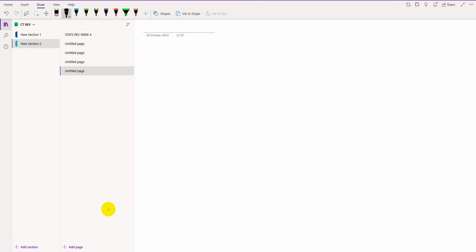So the next one we are going to look at is the association between two numerical variables.